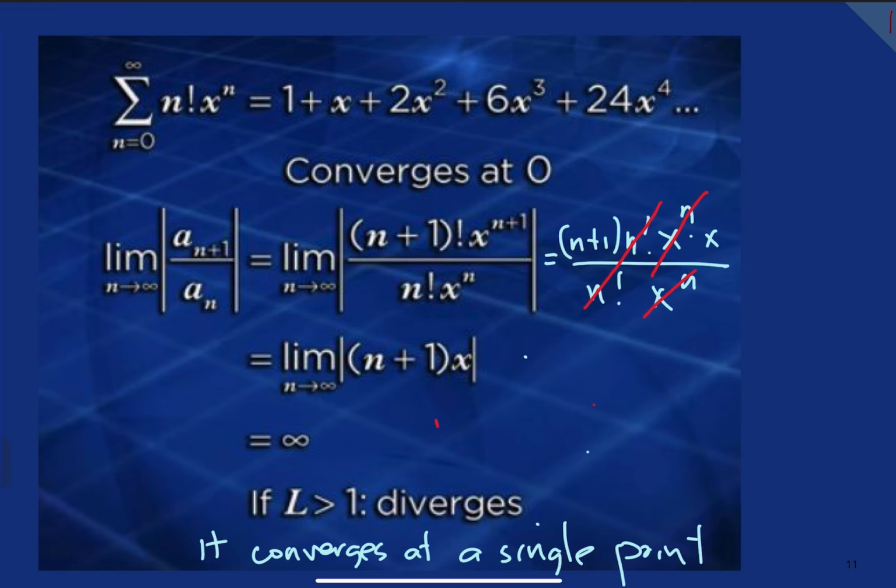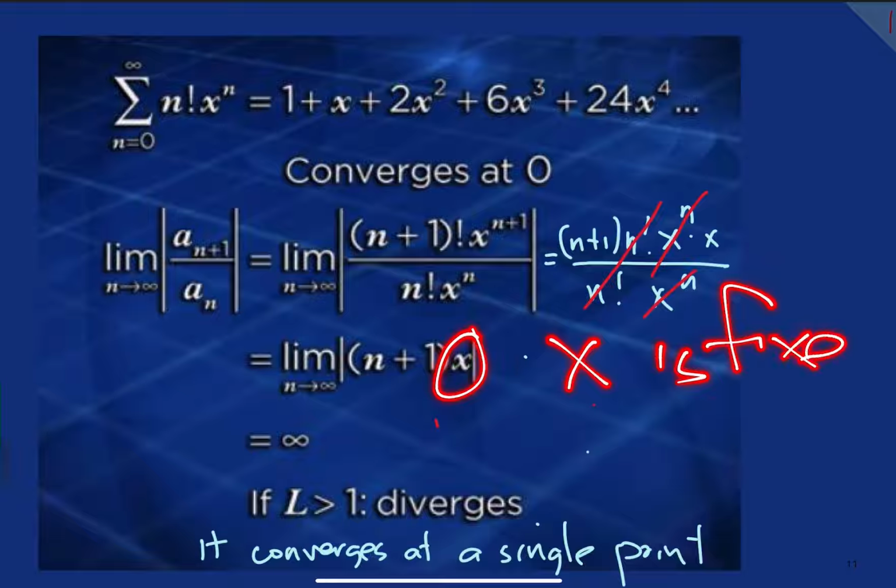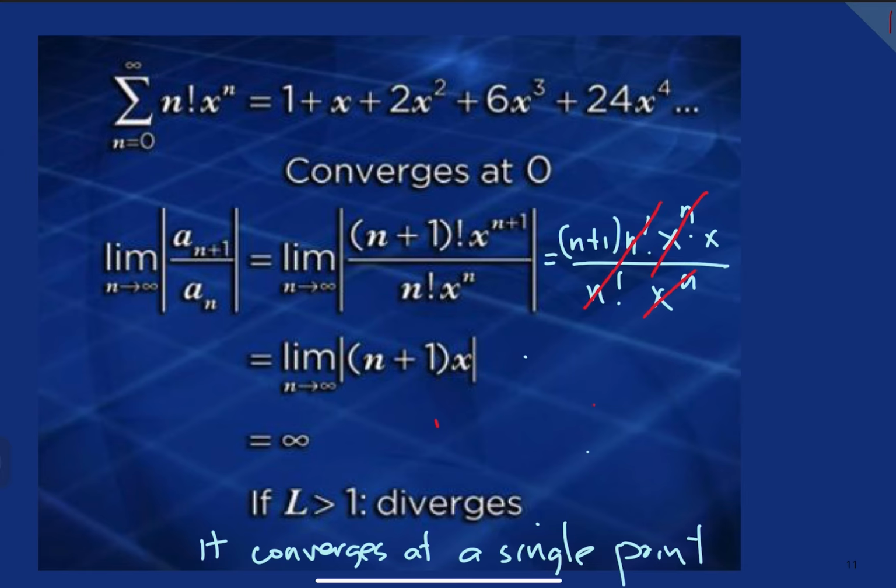So now we have the limit as n goes to infinity of the absolute value of n plus 1 times x, where x, remember, is fixed. So what is the limit of this if x is a fixed number? As n goes to infinity, this gets increasingly big, so the limit is infinity.